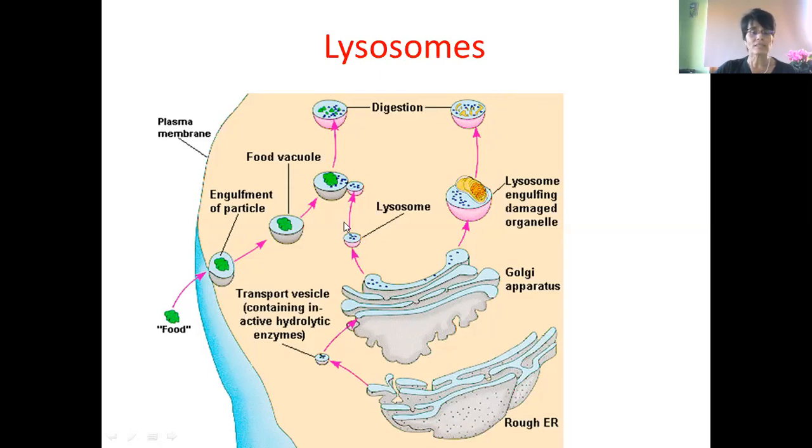And here we've got a lysosome that has fused with a food vacuole. So if it's an amoeba, it has engulfed its food organism into it, it becomes a little food vacuole which moves through the cytoplasm, and then a lysosome fuses with it, and the enzymes are released and digest the organism, and the nutrients are going to be absorbed.